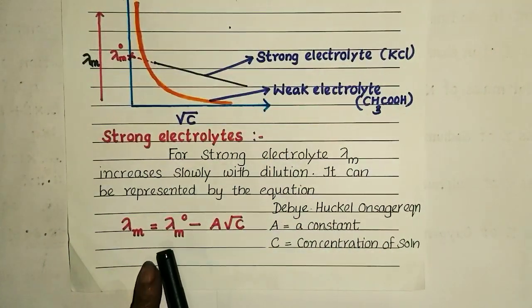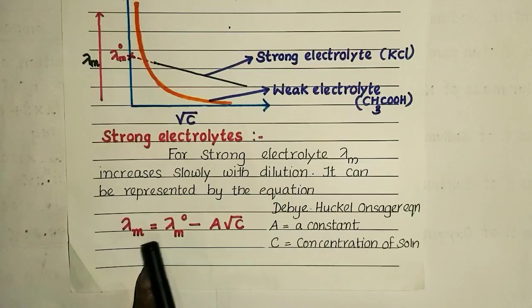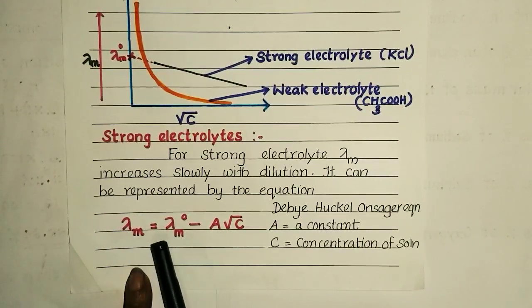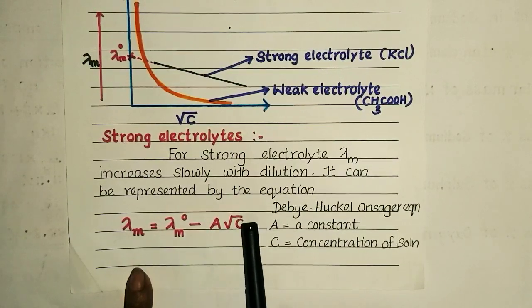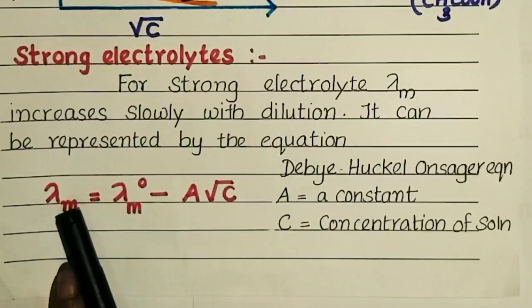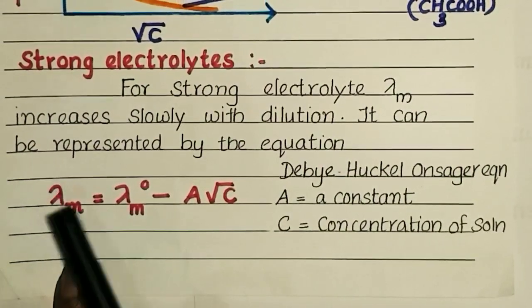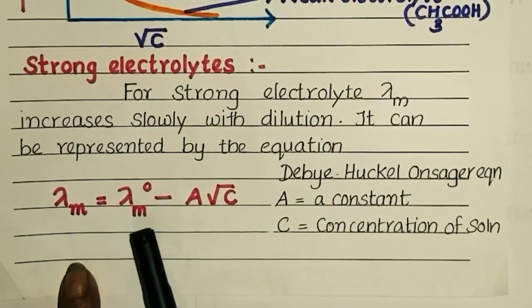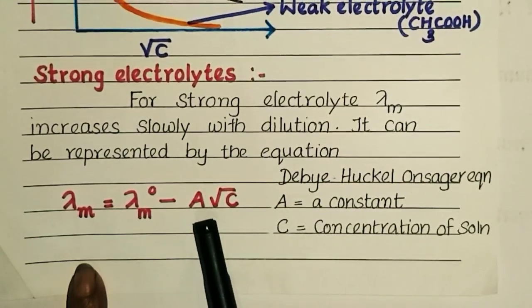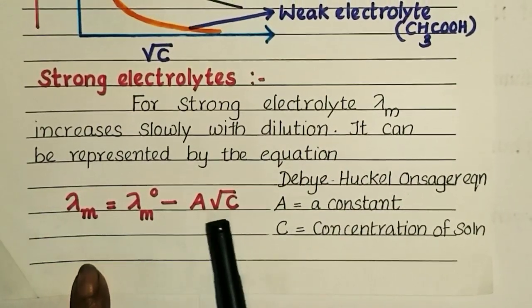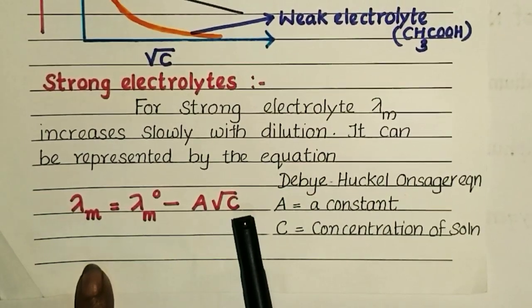So it can be represented as an equation: lambda m is equal to lambda m 0 minus A root C, where lambda m is the molar conductivity, lambda m 0 is the limiting molar conductivity, A is a constant which depends on the nature of the electrolyte, and C is the concentration of the solution.